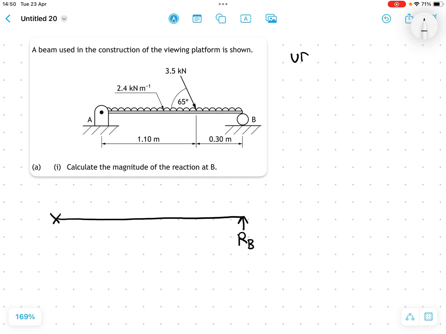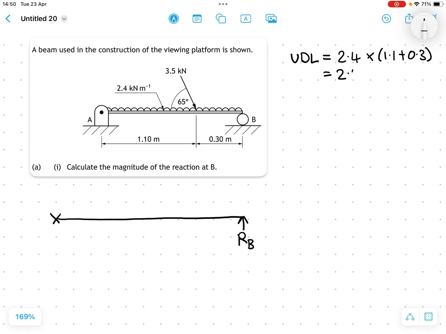The first thing I'm going to do is transform that into a point load. Because it's uniformly distributed, I can assume that it's the same the whole way along. So I can multiply the force that it's putting on by the length of my beam, which is 1.1 plus 0.3.